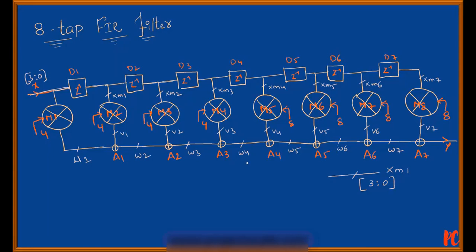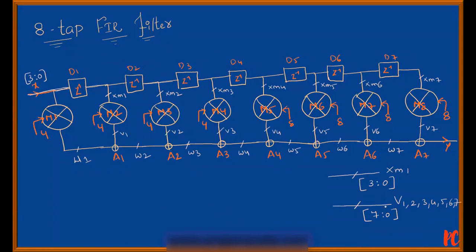Similarly, with respect to V1 through V7, the multiplication outputs of all the multipliers, since those are the output of a multiplier, it is 8-bit, right? So range from 7 down to 0.